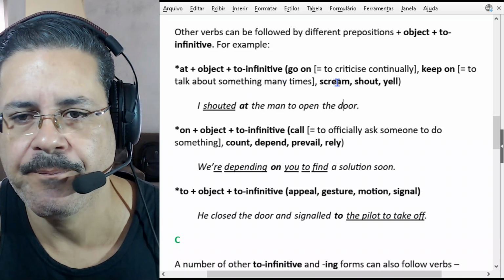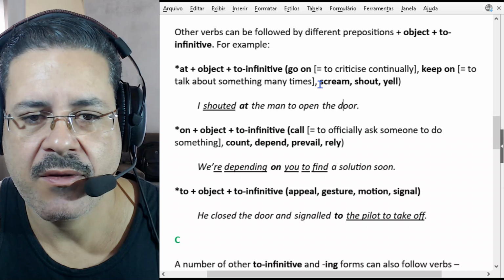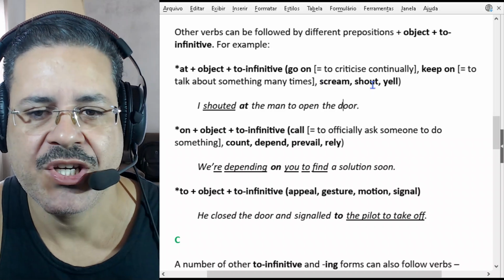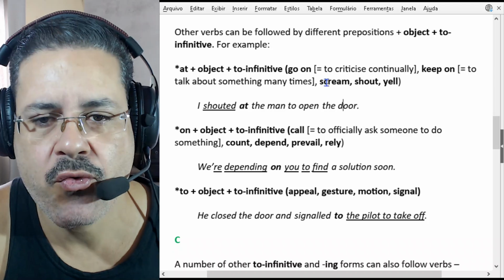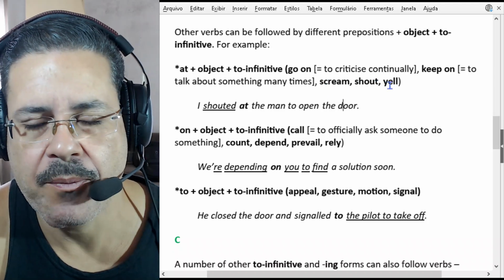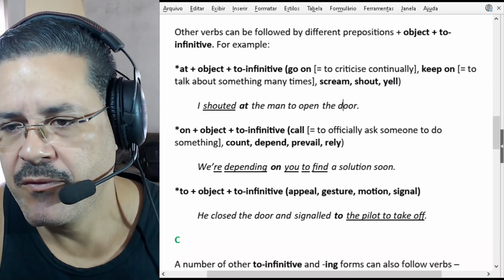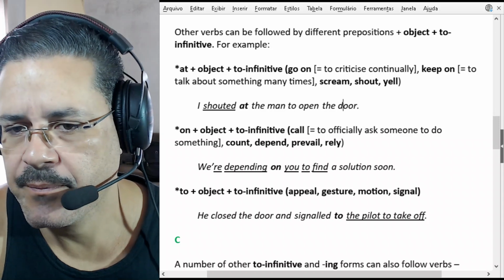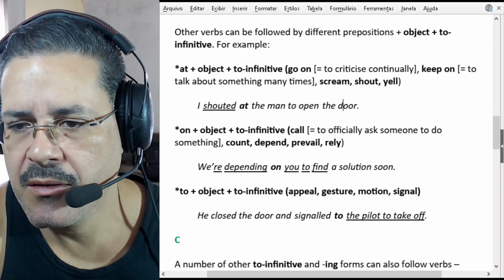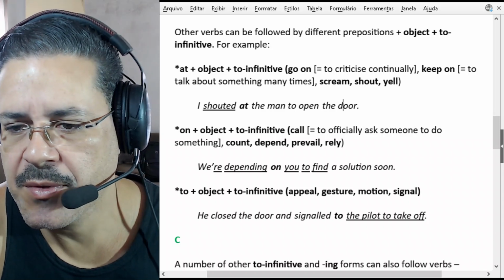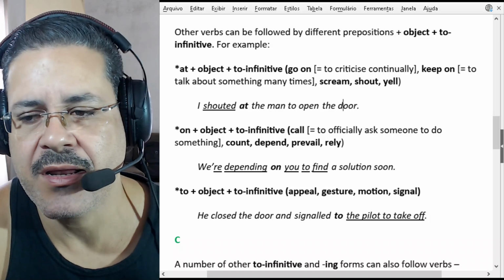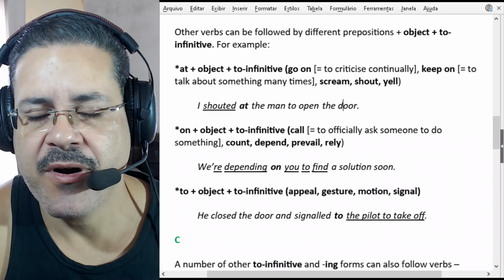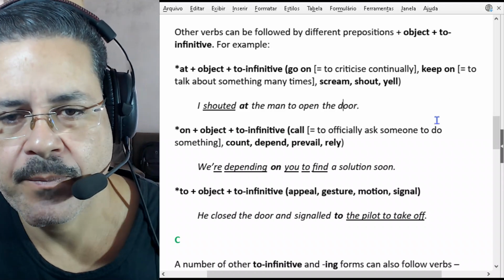We also have the verbs to scream, shout, and yell. All those verbs mean the same thing. For example, if we check the meaning of the verb to yell, it means to shout loudly, for example because you're angry, excited, frightened, or in pain.